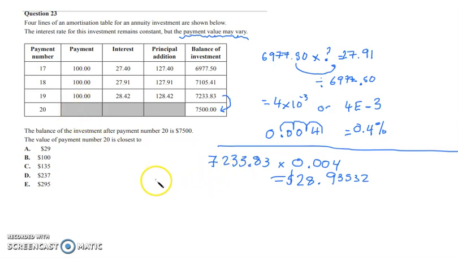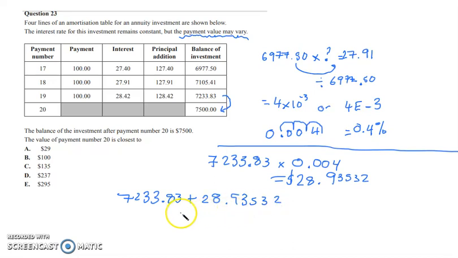So we do 7233.83 and we add our interest that we've just calculated of $28.93532.